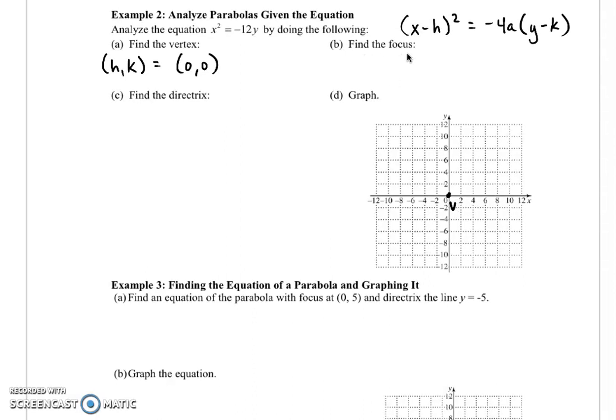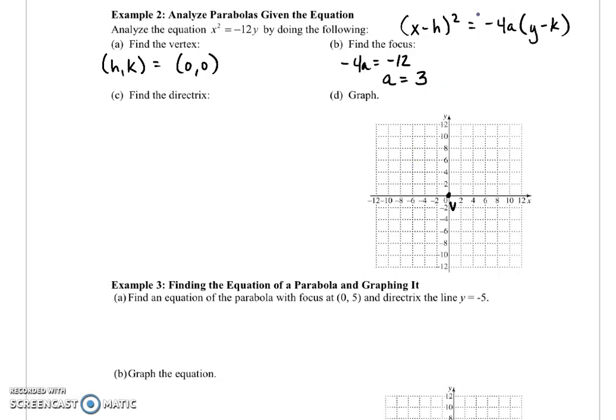Now we need to find the focus. To find the focus, we set negative 4a equal to negative 12 and solve for a. So a is 3. Now, we have to figure out which direction a goes.